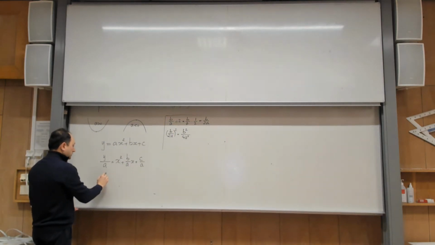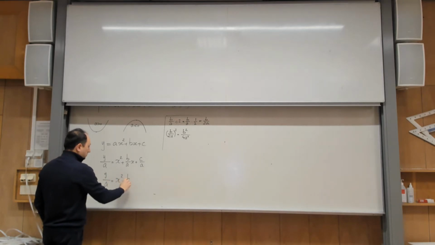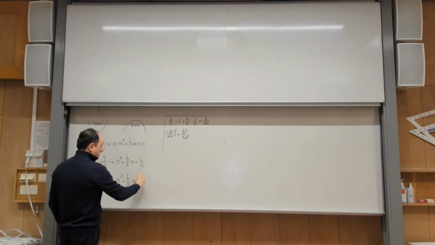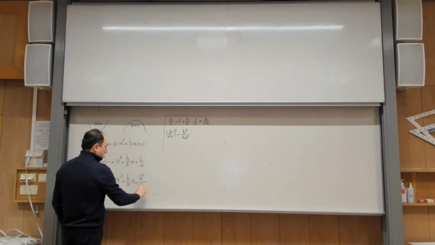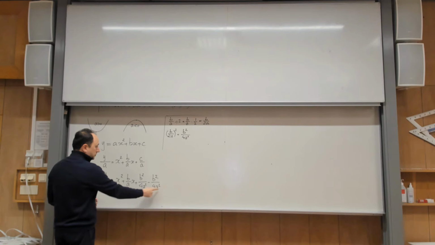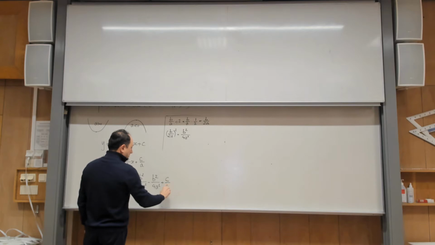So what happens, it becomes y over a is equal to x squared plus b over a x. I add that number here, but I cannot just add, I have to subtract that to compensate for this addition. So in principle, this number is nothing except 0, and then I have plus c over a. So that is completely valid.